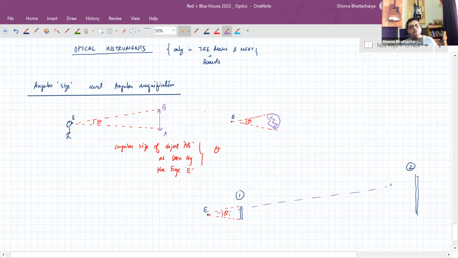So actually, to the naked eye here, it will appear like this: even though size of 2 is greater than size of 1, angular size of 1 appears to be more.